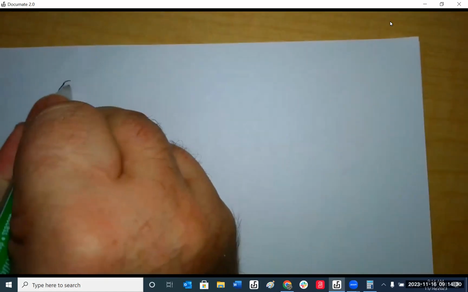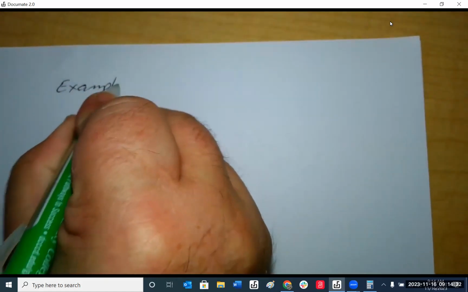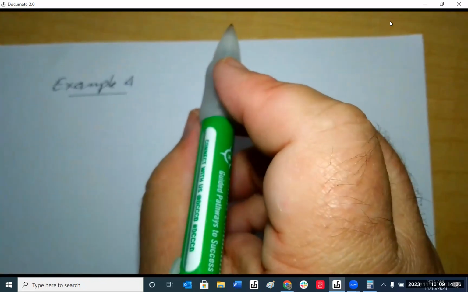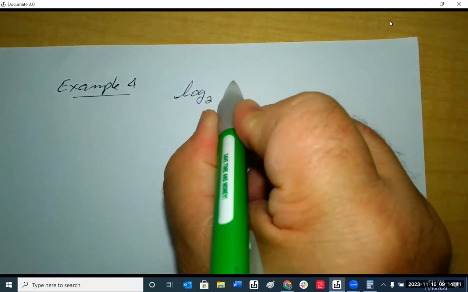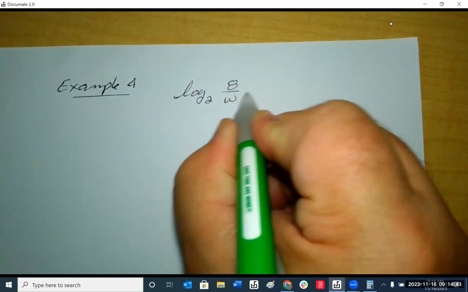Let's look at example 4. Example 4 says express as a difference. Log base 2 of 8/w.